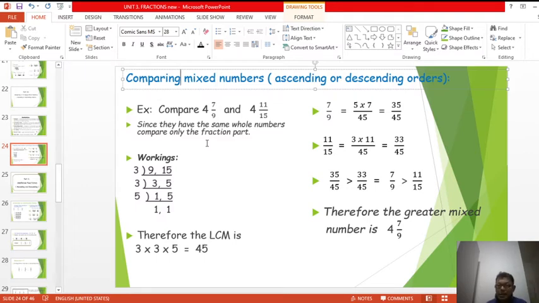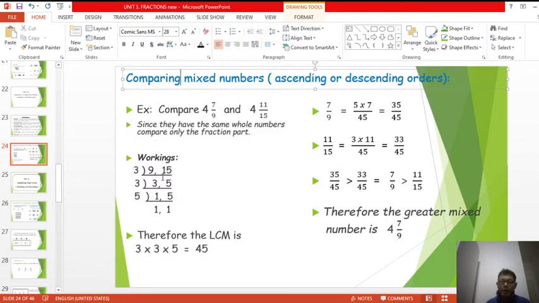Take the LCM of the denominators of each mixed number. You need not include the whole number, because it's obvious that they're the same. So 9 goes here and 15 goes here. Then do the division. I love to use division here.